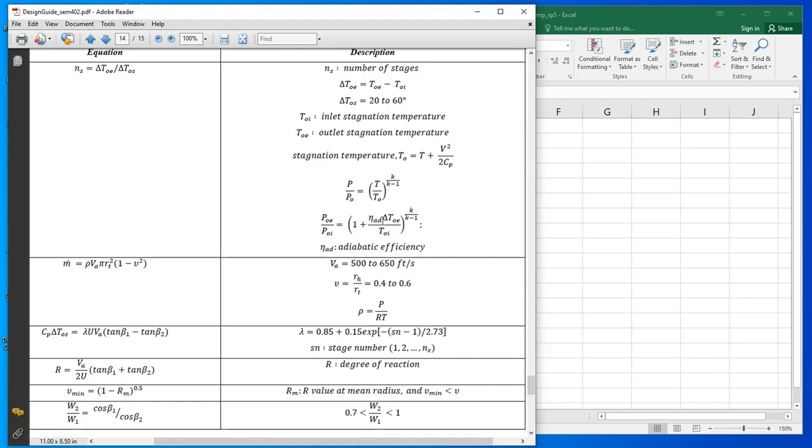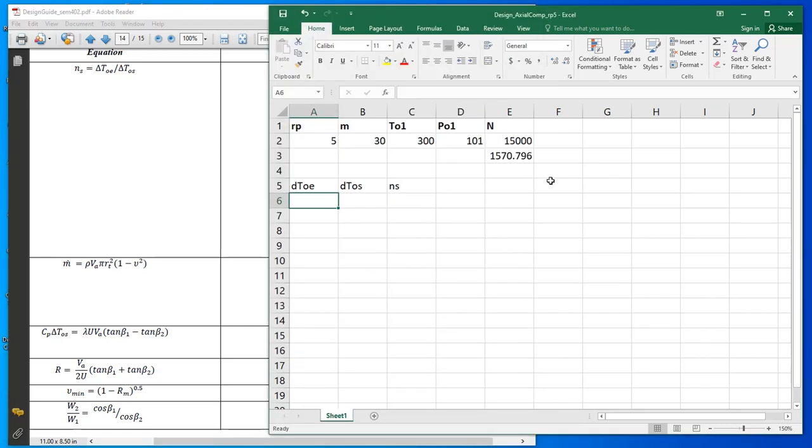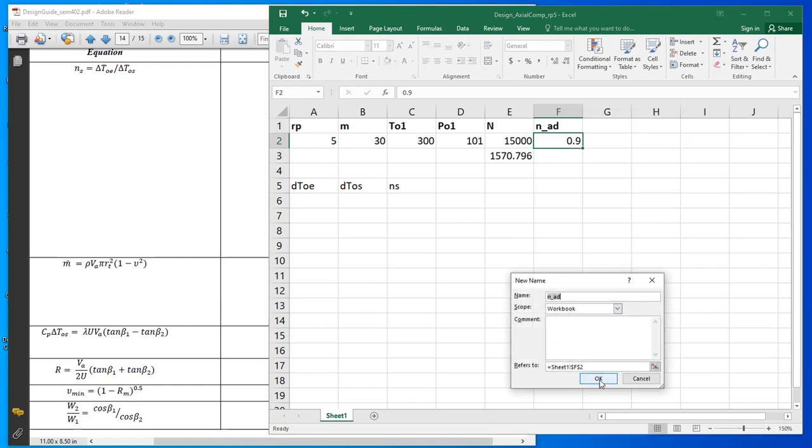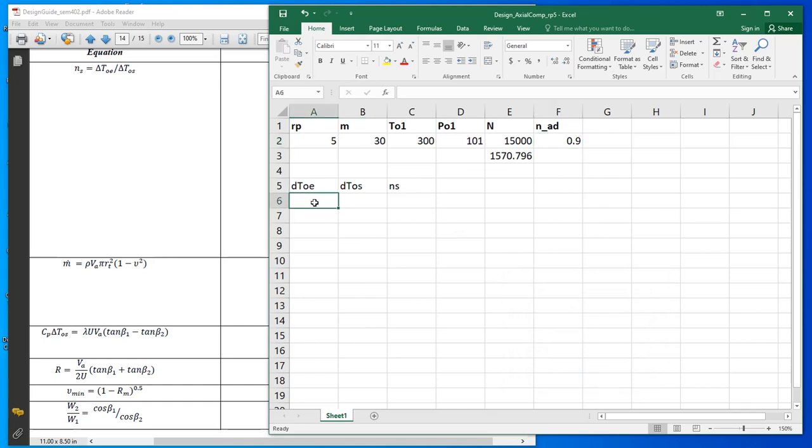We can fix an adiabatic efficiency, and T0I is known, so from that formula we can find delta T0E. Let's take the adiabatic efficiency as 0.9, and give it a name to access it later.